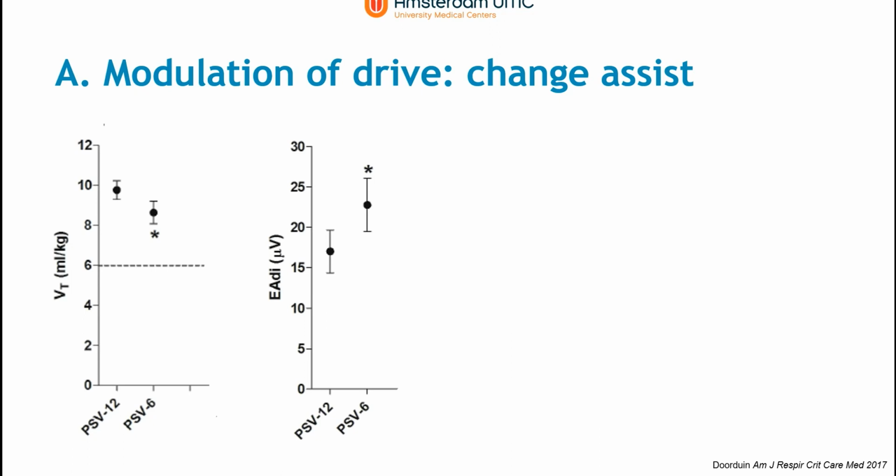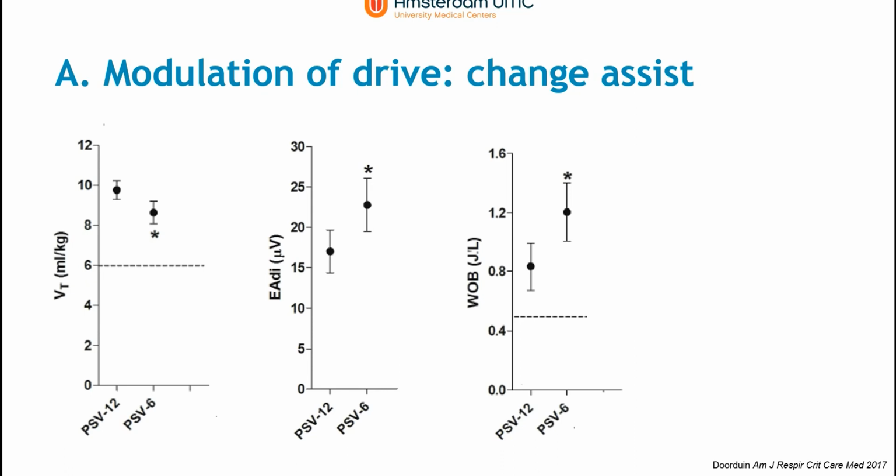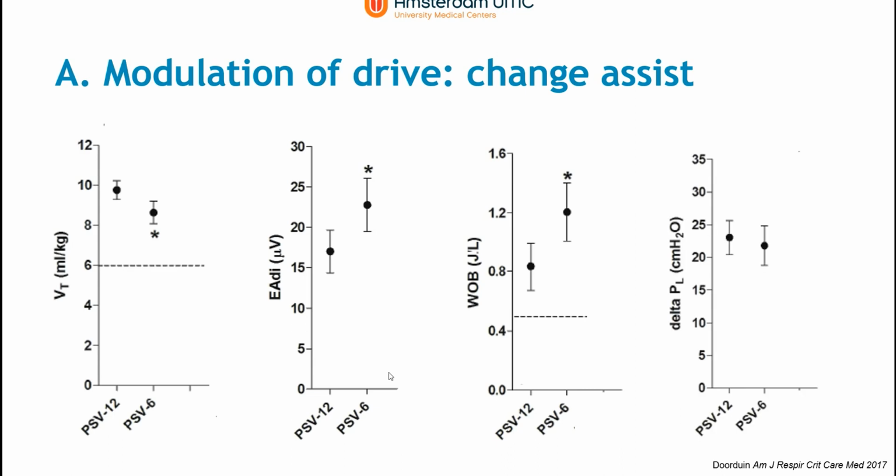Because if you reduce the inspiratory assist delivered by the ventilator, the respiratory drive of the patient will go up. The reduced assist increases respiratory drive, so increases the work of breathing generated by the diaphragm and perhaps can induce muscle injury, while the transpulmonary pressure more or less remains the same.